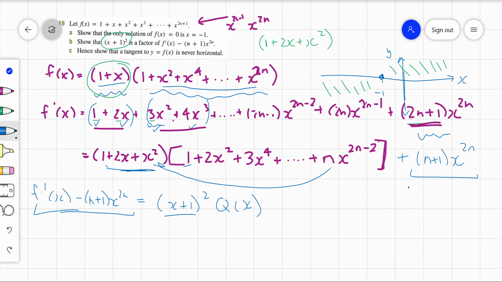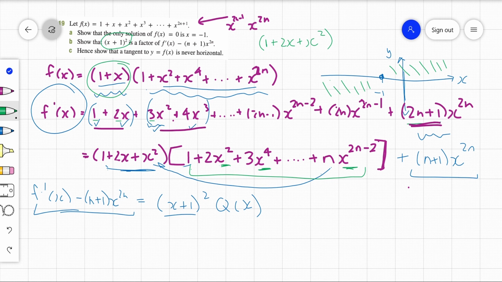All right, so we know that f dash of x equals 0 gives us horizontal tangents. So if I look at f dash of x, let's have a look. This term is always going to be positive because it's all nice even powers here. So it's going to be 1 plus something, so it's going to be positive, except when x equals 0, it's going to be 1.